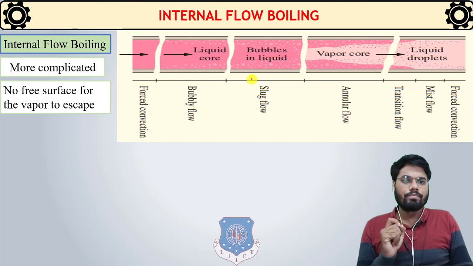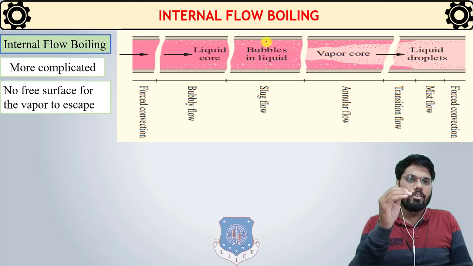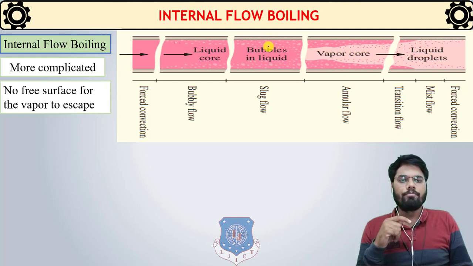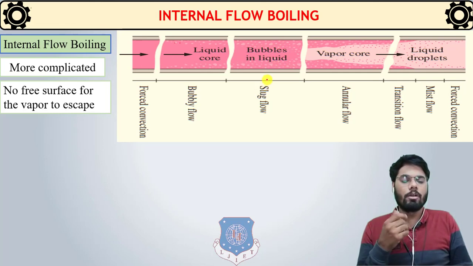After some length, the bubbles are a little farther from the inner surface of the pipe. There is a larger amount of bubbles in the liquid, which contains vapor in it. This flow is known as slug flow, where the number of bubbles is more.